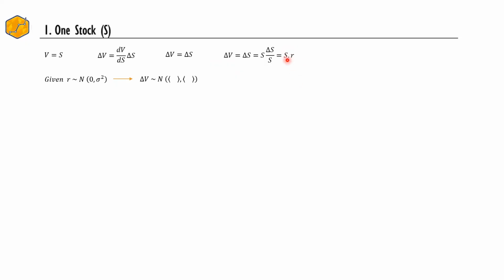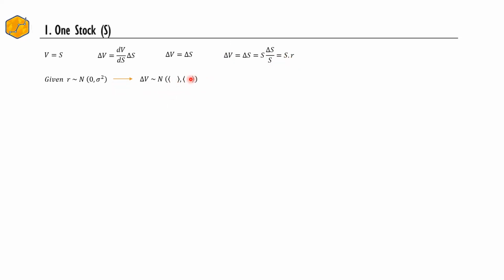S is a scalar being multiplied to a normal random. That simply tells us that delta V also will be normal. This is the theorem that we learned in normal distribution, right? A linear combination of normal randoms is another normal. So here it is just a scaling, so it will be a normal distribution.